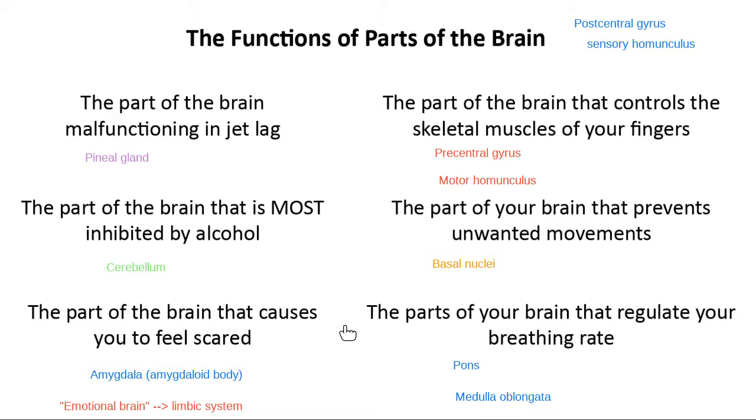Before we leave the parts of the brain, we had a question in the guided lesson regarding a person that is unconscious and at the same time is breathing on his own. He doesn't need a ventilator.